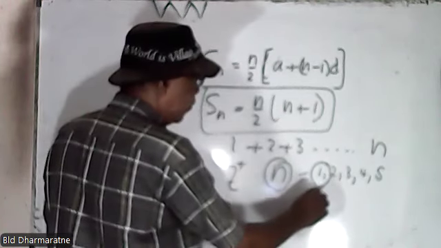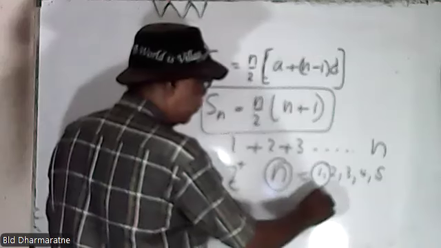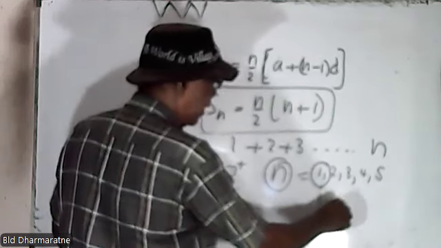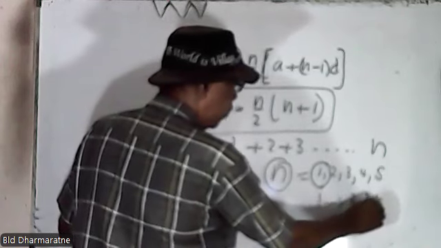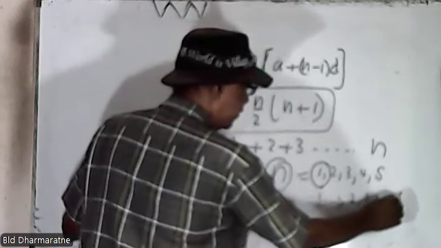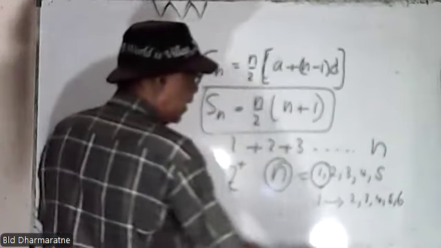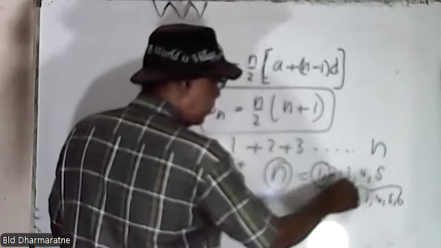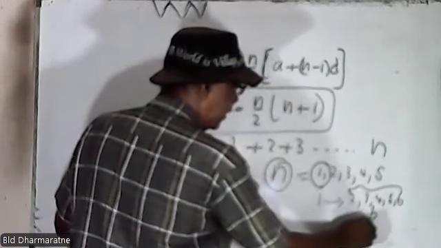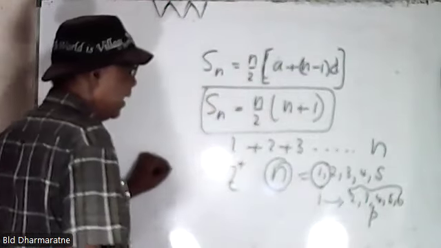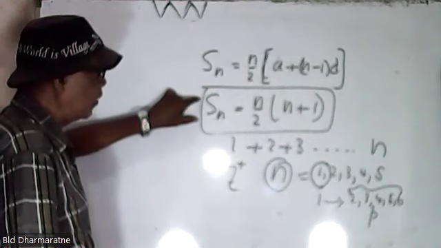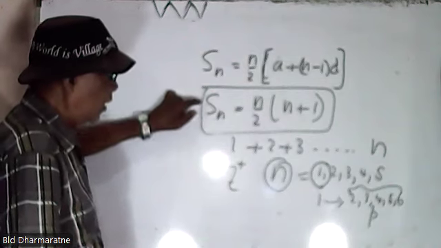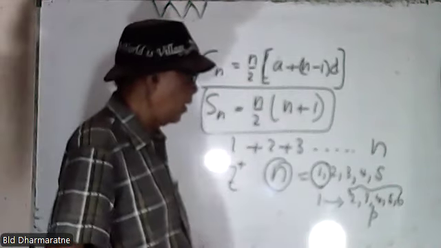Then we assume any number more than 1, such as 2, 3, 4, 5, 6. Normally we call this number p. This is also an integer. We assume that this formula is exactly true when n equals p.